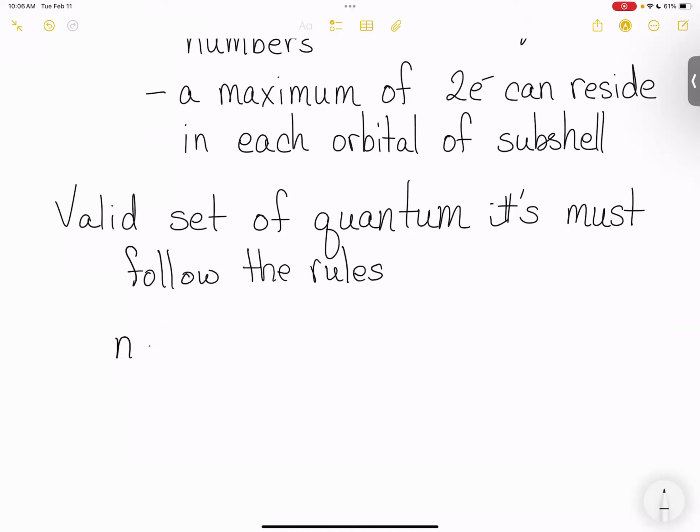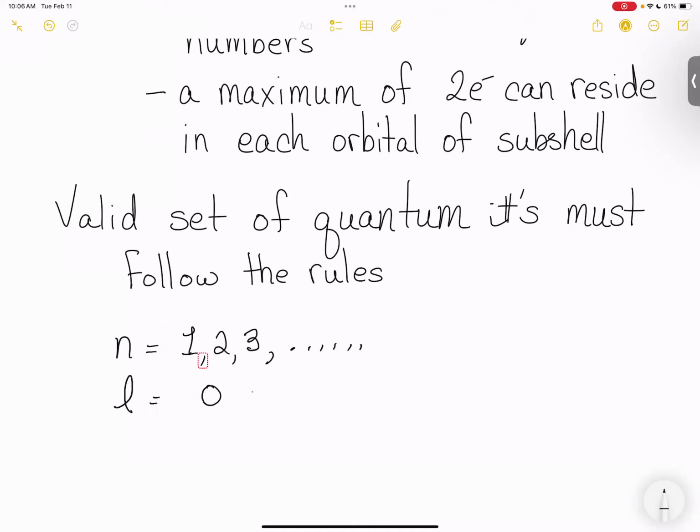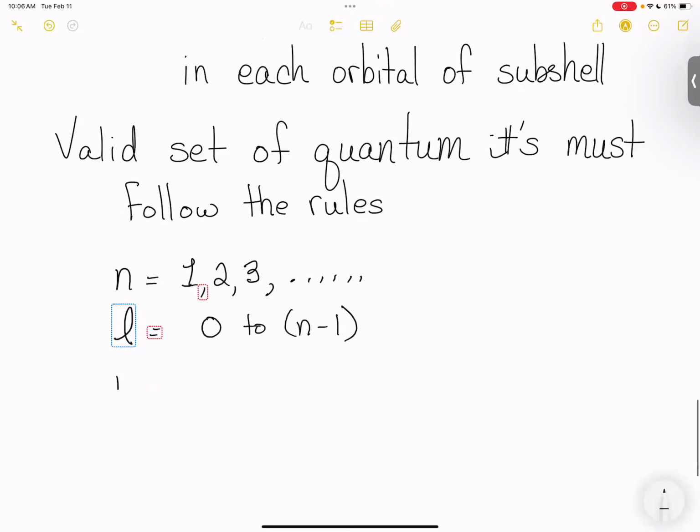n is equal to 1, 2, 3, and so forth. l is equal to 0 to n minus 1. m sub l is equal to a negative l to a plus l on a number line.